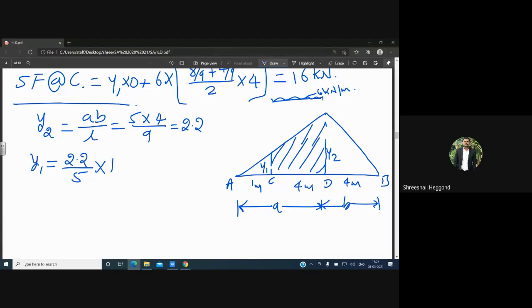Therefore, you can write 2.2 divided by 5 into 1. Therefore, y1 will be how much? 0.44. 0.44 will be the ordinate for y1.